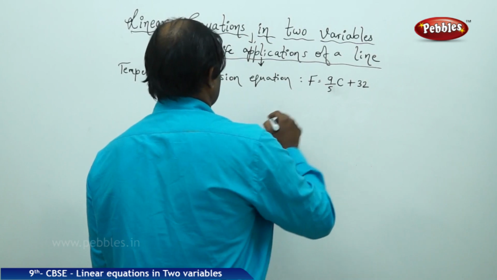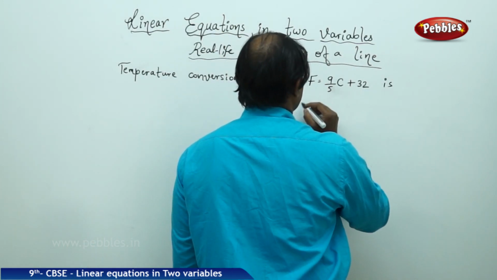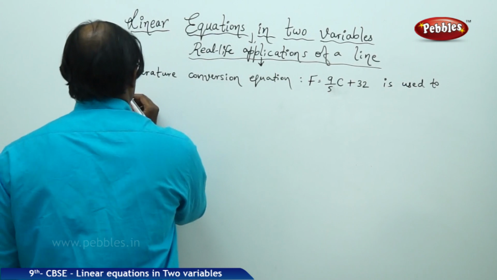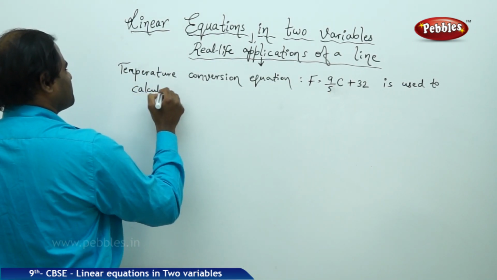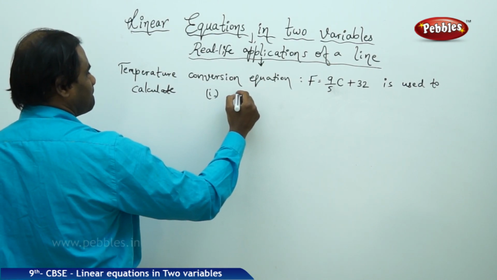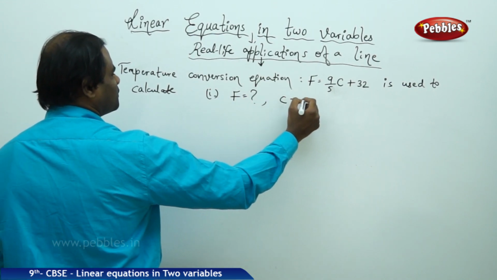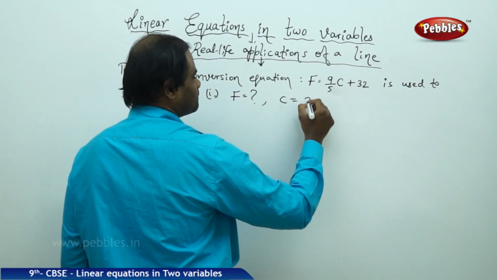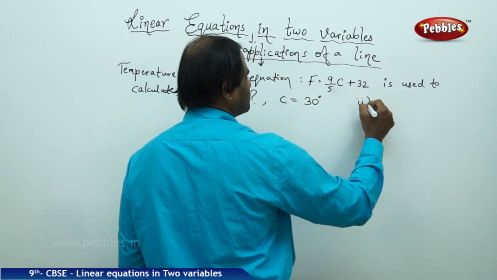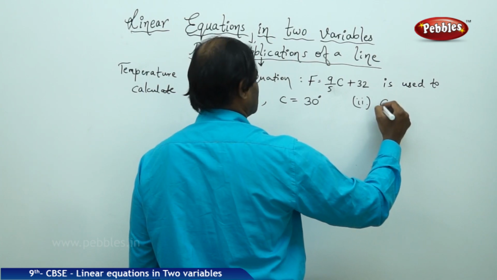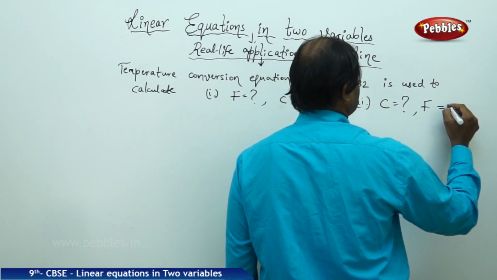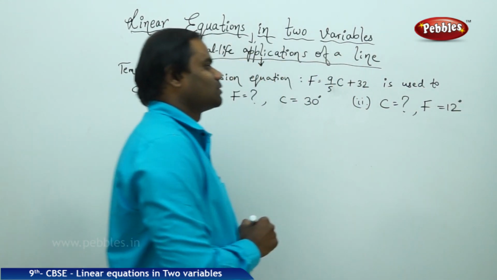So using this temperature conversion equation, F equal to this is used to calculate initially the Fahrenheit when C is 30 degrees, and secondly the centigrade when the Fahrenheit is 12 degrees.